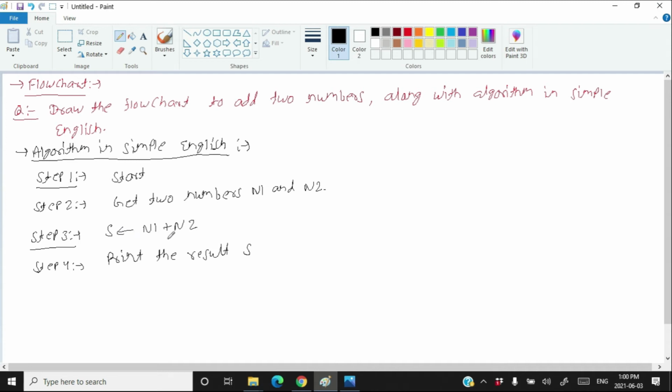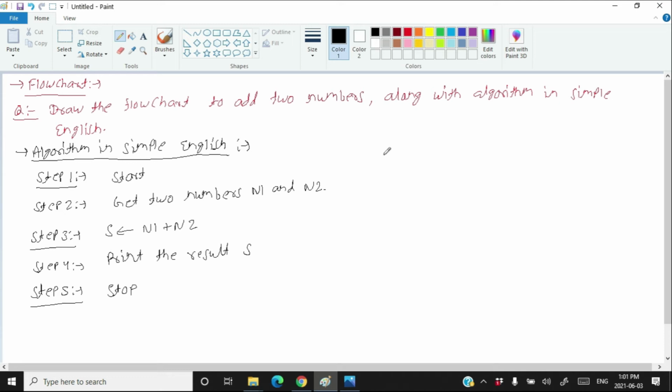So whatever the summation of n1 and n2 is, that will be stored in the variable s, and then we are printing the value of the variable s. After that, step 5 is to stop. Of course, this is the algorithm in simple English to add two numbers.